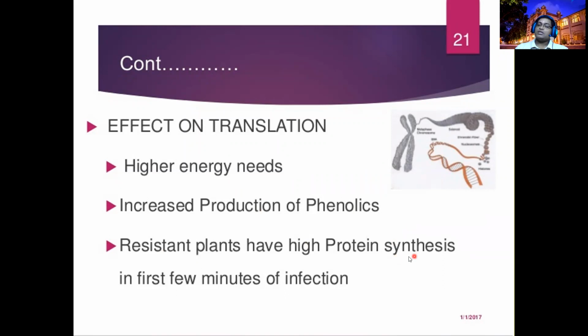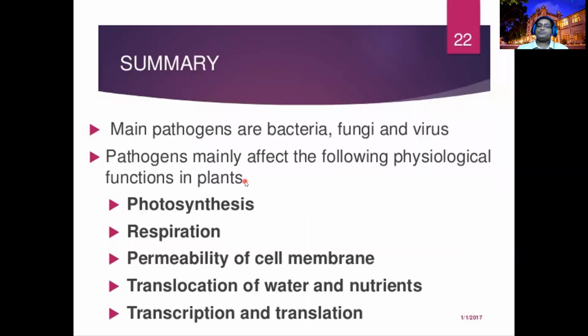The evidence shows that protein synthesis is increasing if the pathogen is attacking. Why? For the defense, a lot of defense materials are protein substances, so it induces protein synthesis in the first few minutes of infection. Thereafter, it will become normal if it is a resistant plant. If it is a weaker plant, protein synthesis will increase, and thereafter it suddenly declines because the pathogen overwhelms.